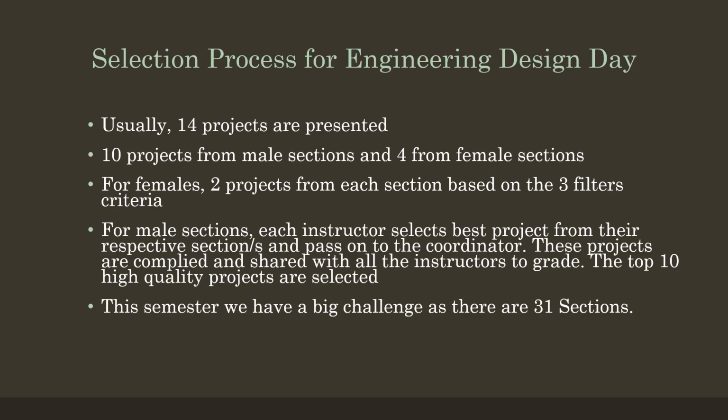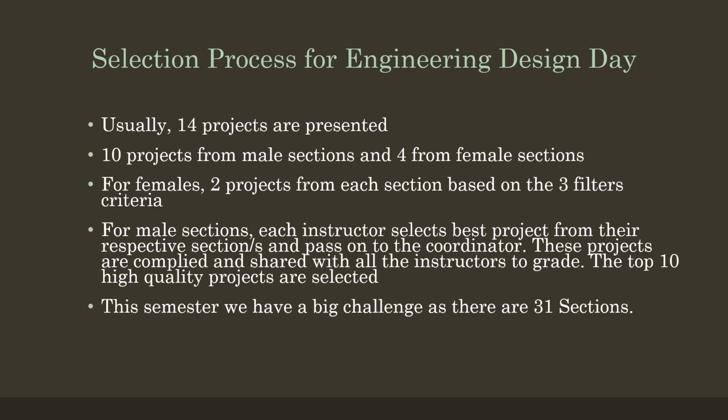This time we had more tables, about 18, because the projects were going higher in quantity. Usually 14 projects mean we might have 14 sections, both male and female. So on average, we could have one project from one section.